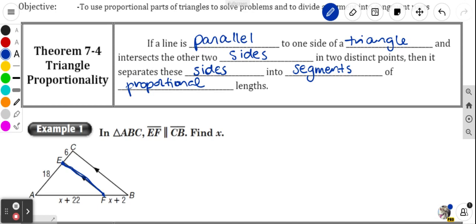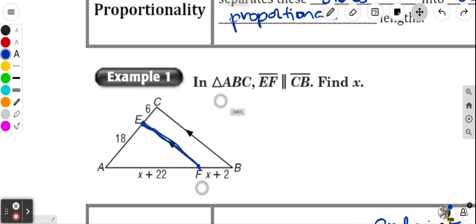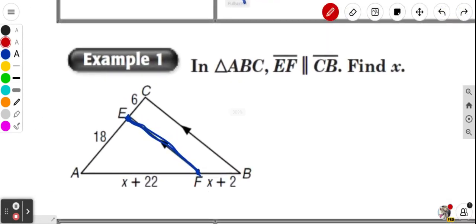So basically what this theorem says is since this EF is parallel to CB, and I know that they're parallel because of these arrows, it cuts the side lengths into 1, 2, 3, 4 segments that are proportional.